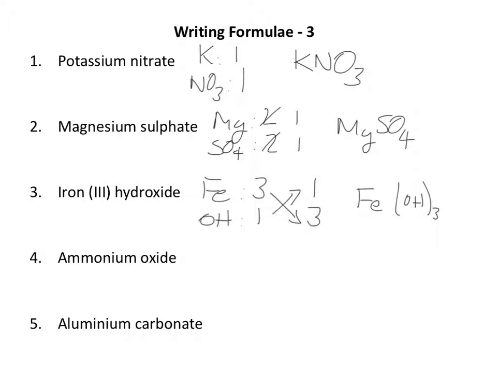If I just wrote out FeOH3, that would mean that we only had 3 hydrogens and 1 oxygen. There's nothing next to the oxygen, so that implies we just have 1. And of course, that's not right. So we avoid writing that. Let's put a line through that.